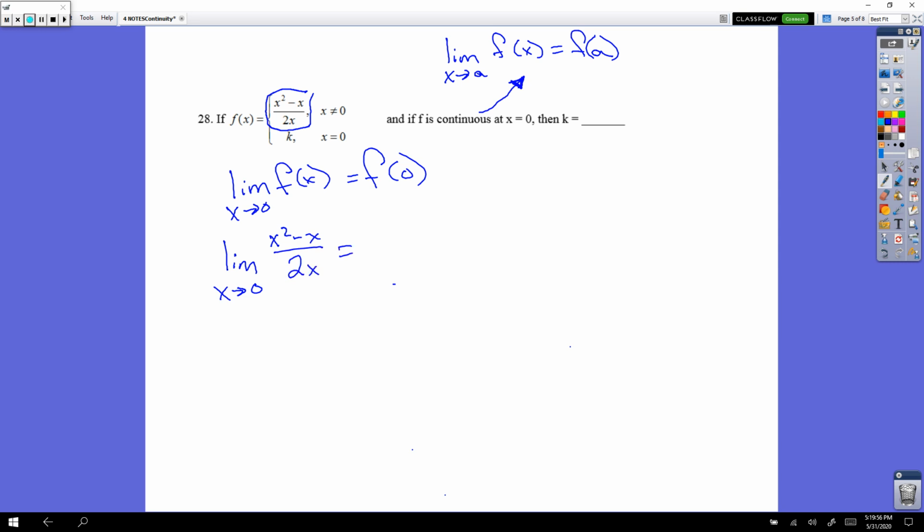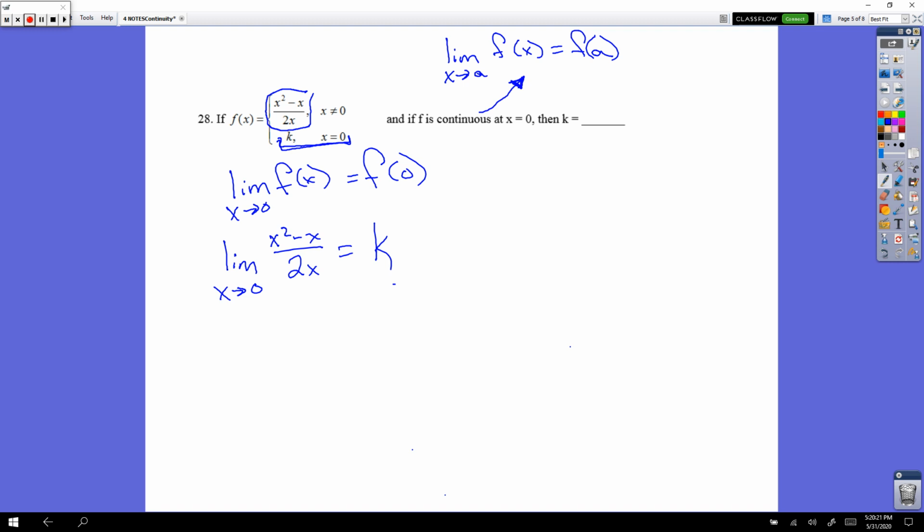And f(0), when x equals 0, that's the bottom part, so that's going to equal k. Now, if I think about doing limits by substitution, I have a fraction here, so I want to check the denominator first. If I plug in 0, that makes the denominator 0, and I can't have that. So we want to start by thinking about factoring, rationalizing, or simplifying the complex fraction.